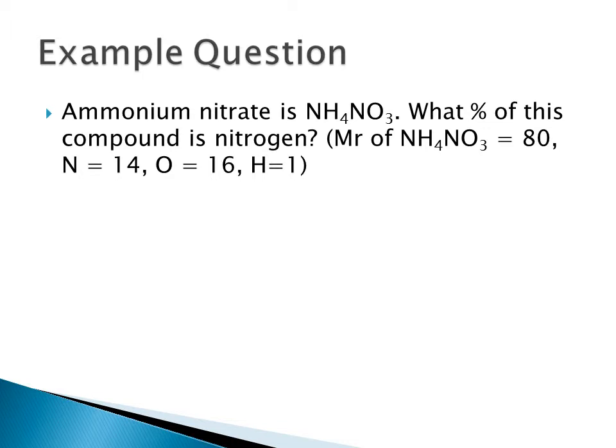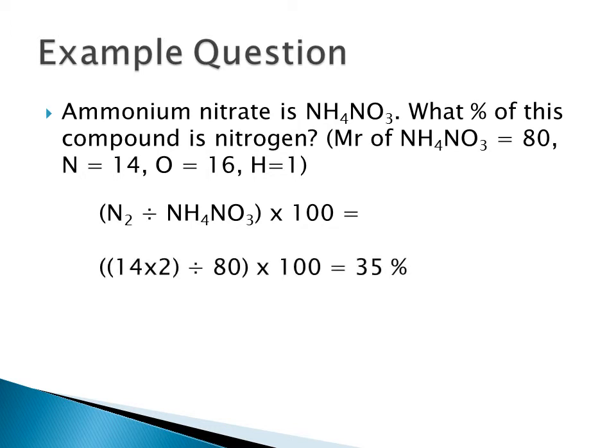It doesn't actually matter that they're at different places in the molecule, they both count. So when we do the maths for this one, it's N2 divided by NH4NO3 times 100. Put the numbers in, 14 times 2 divided by 80 times 100, 35%. That's probably the hardest one you would be likely to get at GCSE level chemistry.